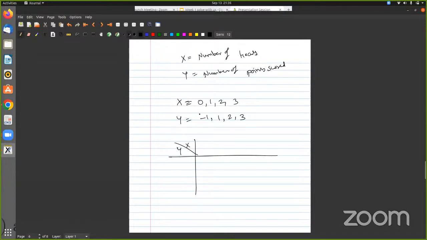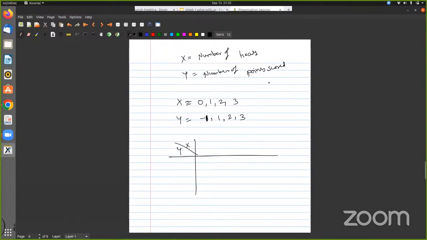When x is 0, will you get -3 points? No. What did this question say? If no heads appear, then you will lose 1 point. So no heads appearing means all 3 are tails. Okay, in 3 tosses. Okay, -3 it should be.